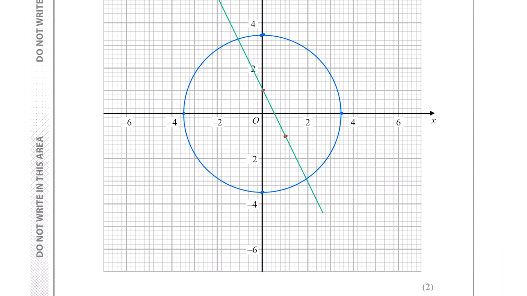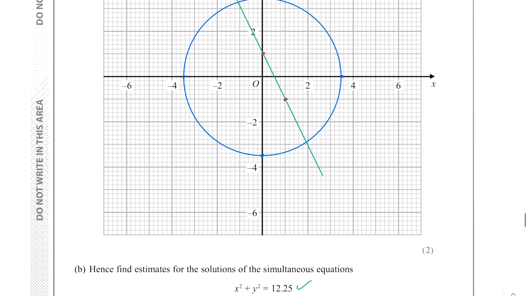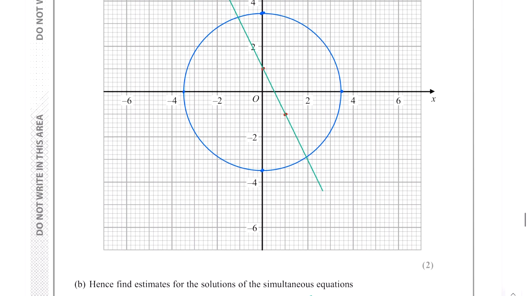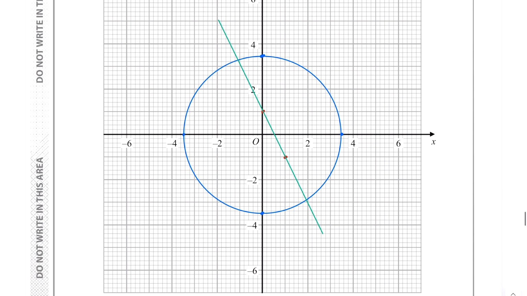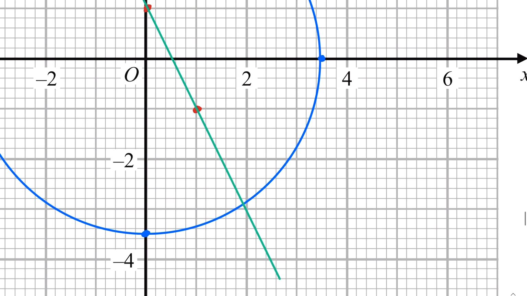And of course you'll have drawn this with a compass, so your line will be a lot more accurate than mine in terms of the circle. And now that we've drawn that, we need to find out when it crosses this. So this to me looks like it's going to be roughly, so in the x-axis we definitely know it's a 2, and in the y-axis it looks like it's minus 2.9.